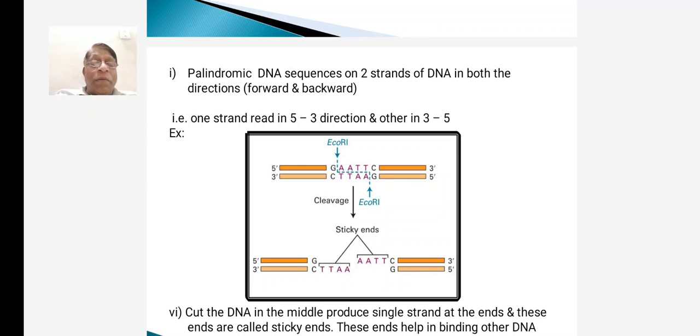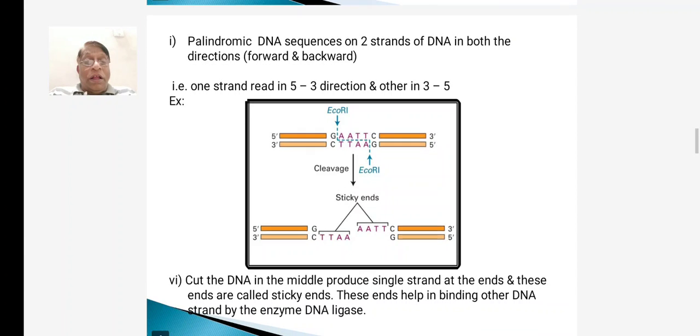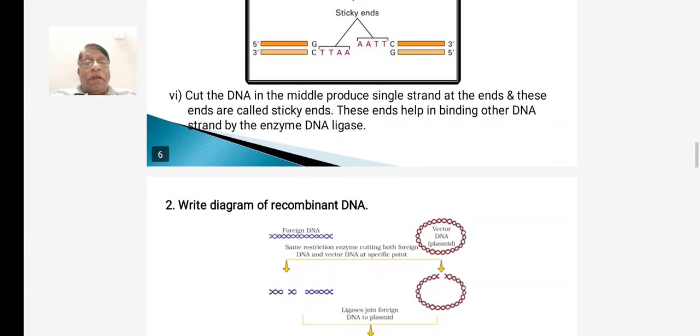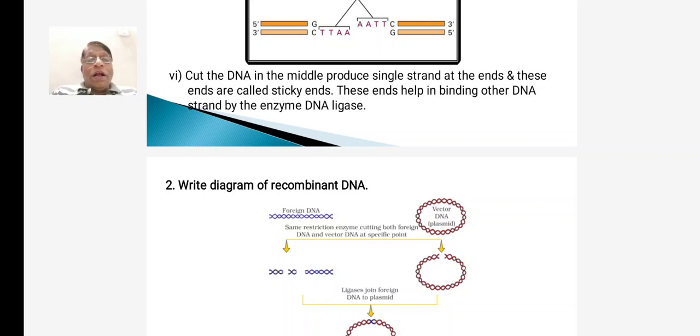See the diagram carefully. The DNA is cut in the middle, producing single strands at the ends, and these ends are called sticky ends.